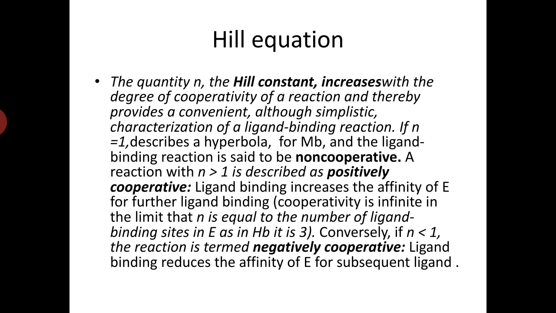This is called positive cooperativity. Third is negative cooperativity, when n is less than 1. Once the first ligand is attached, it does not allow an increase in affinity for the incoming ligand.